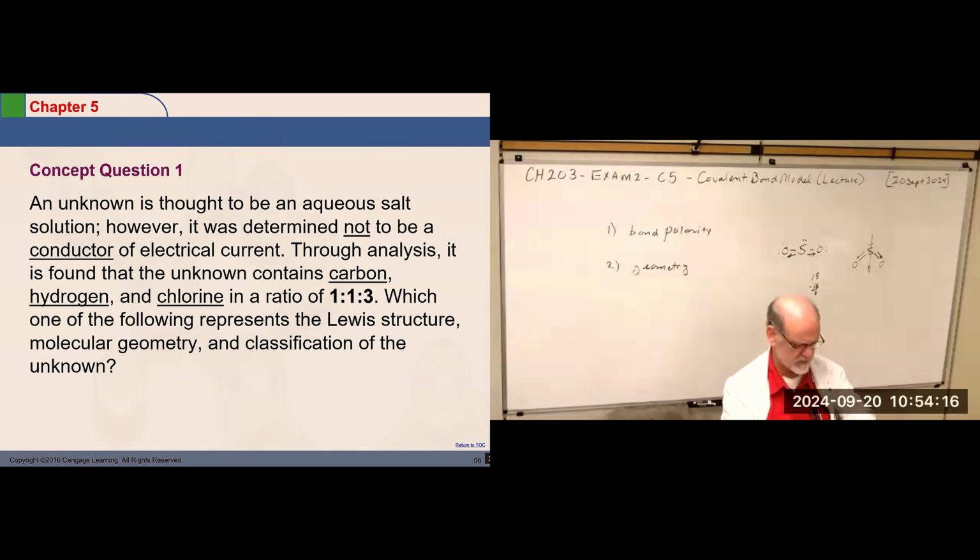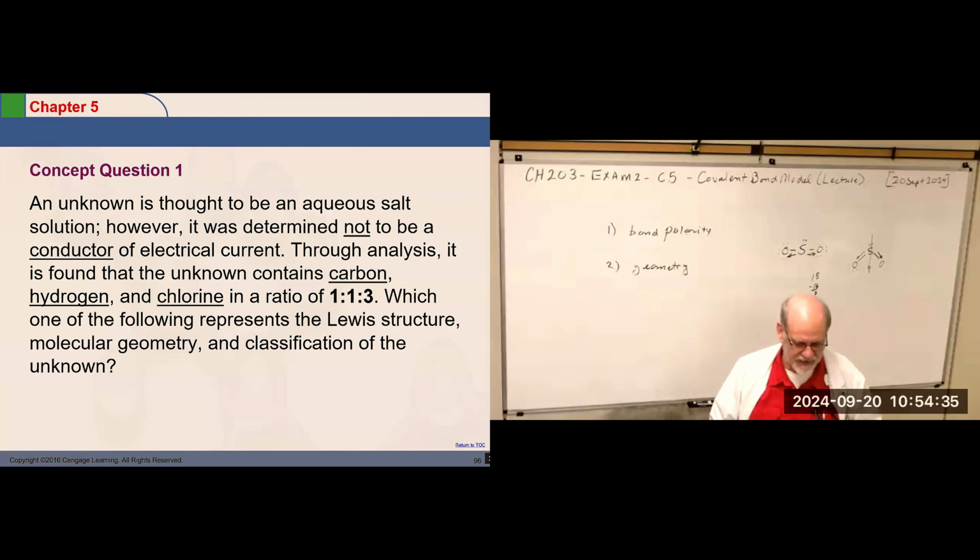Okay, concept questions. We got 6 minutes. So an unknown is thought to be an aqueous salt solution. However, it was determined not to be a conductor of electric current. Aha. So we know it's covalent. Definitely.